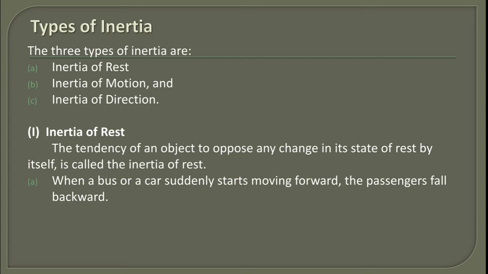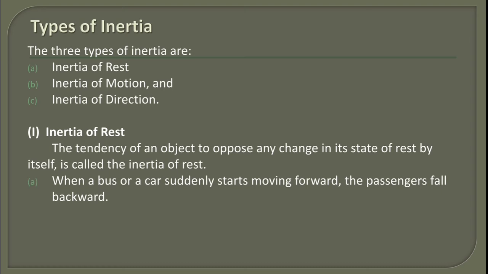Our first example is when a bus or a car starts suddenly moving forward, the passengers fall backward. This can be understood as, suppose a passenger is sitting in a stationary bus or car. Initially both the passenger as well as the bus are at rest.